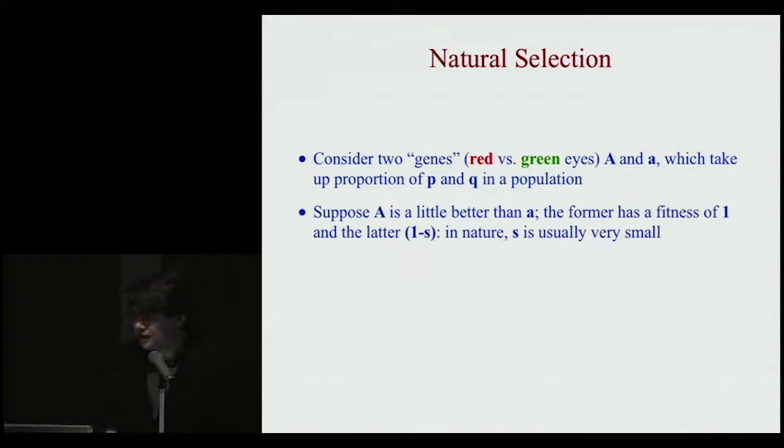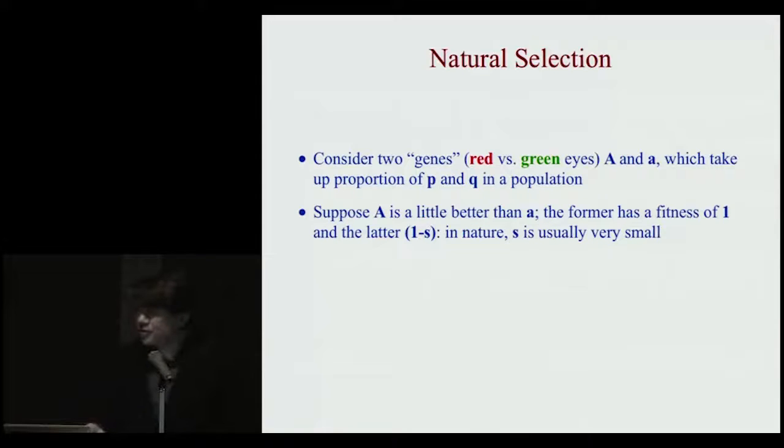Okay, and let's say it has a fitness of 1 or 1 minus S. By which I mean, in nature, the fitness differential is usually very small, but this is something you can do in a lab. You can blast them with gamma ray and measure the body counts afterwards, or you can go out in a natural environment and count the frequencies of those variants after a drought or after rain and so on. So that's something you can quantify.